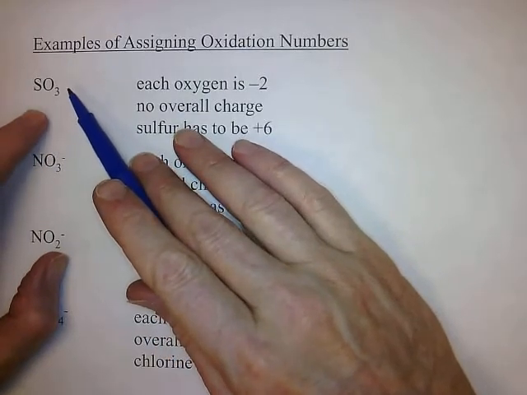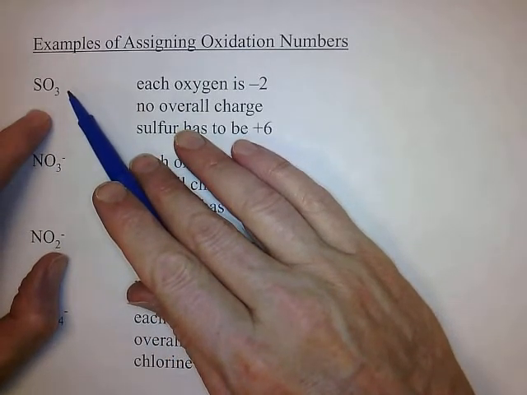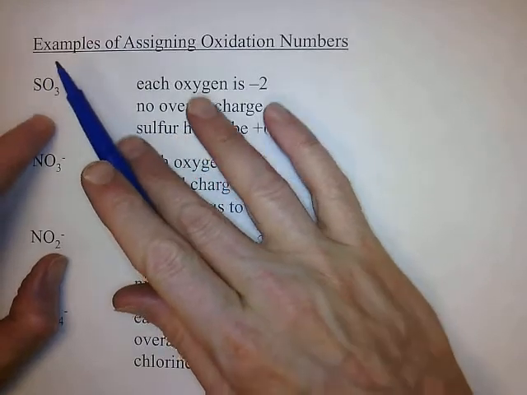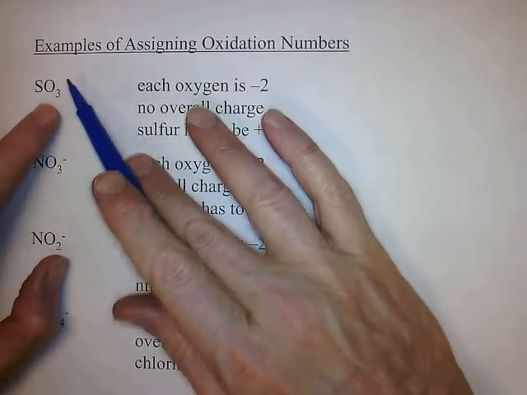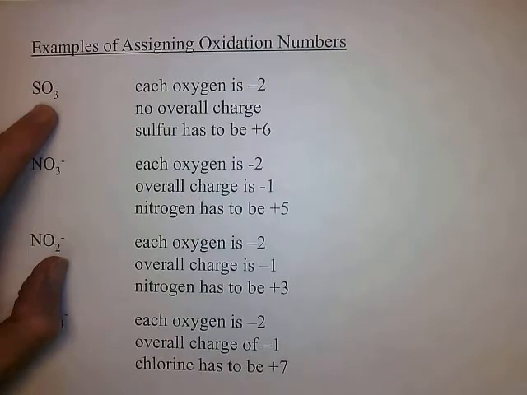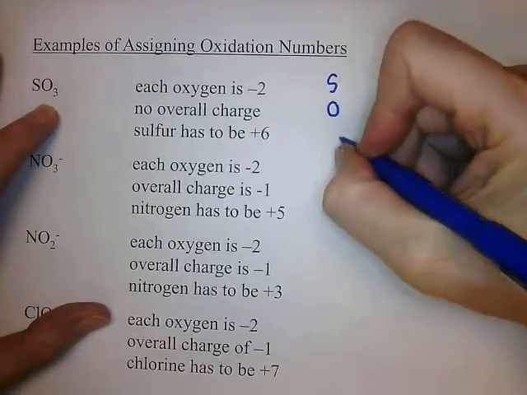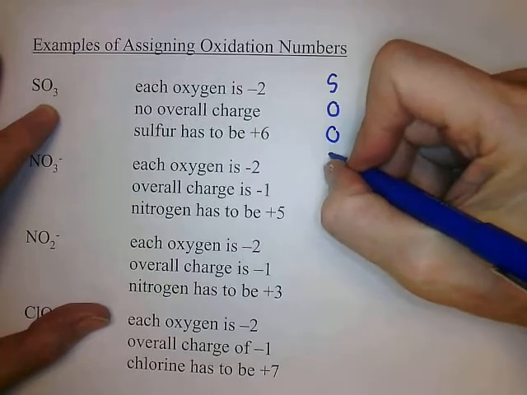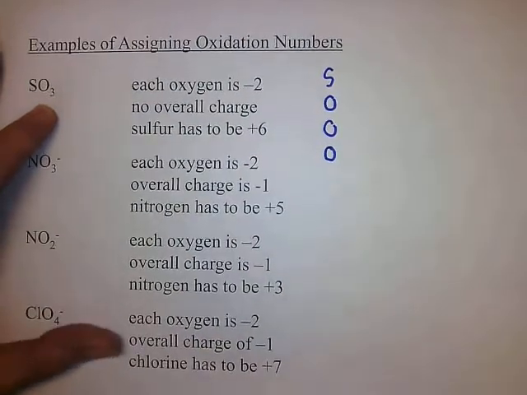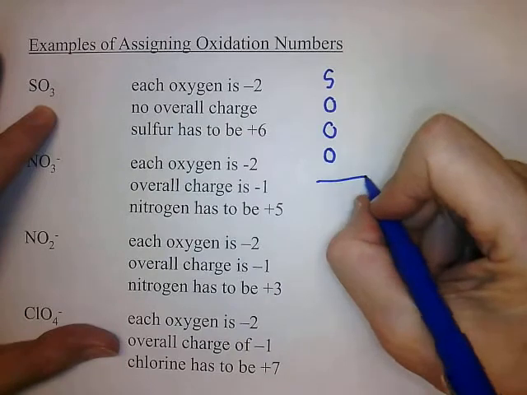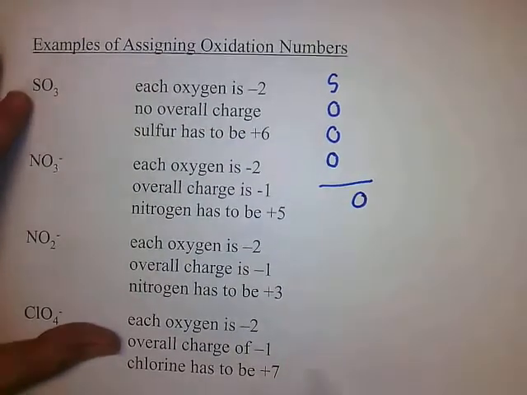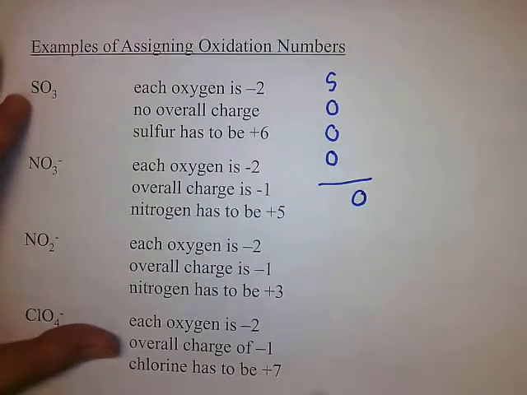It's not SO3 plus, not SO3 minus, not SO3 2 minus. So the sum of the oxidation states has to add to 0. We have a sulfur and 3 oxygens, and all that has to add up to 0 because it doesn't carry a charge.